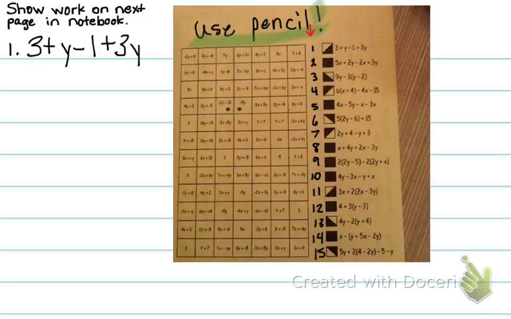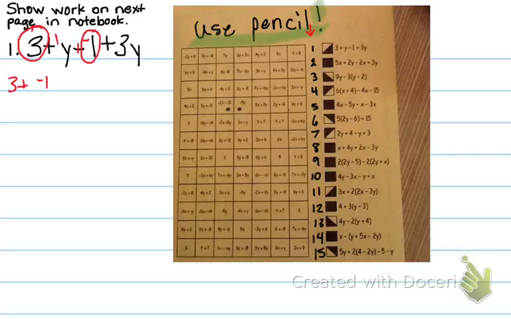So we'll do number 1 together, which is 3 plus y minus 1 plus 3y. So when we start with this, we're going to circle our like terms. So 3 and, oops, I forgot to slash, there we go. 3 and negative 1 are like terms.